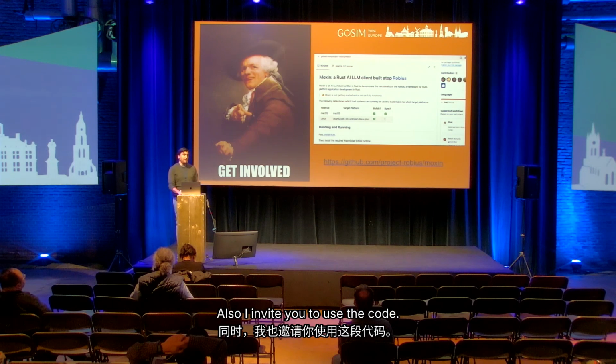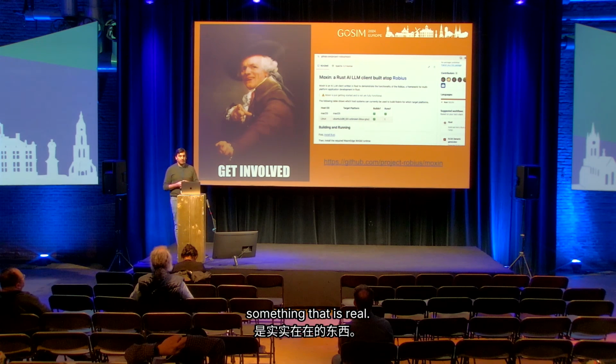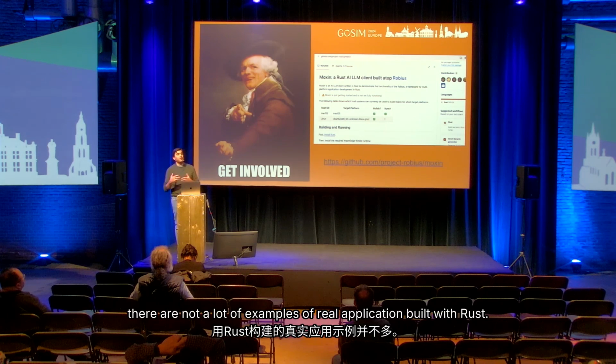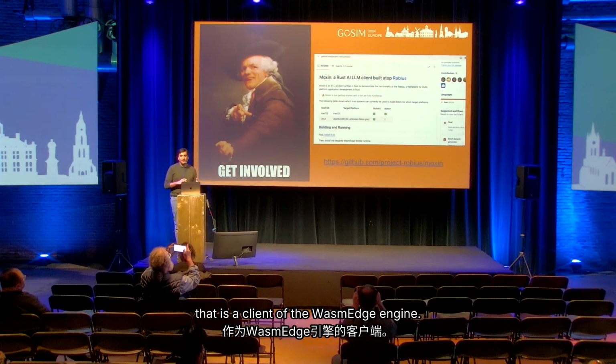Also, I invite you to use the code. It's a working example, real code, something that is real. As I already said, there are not a lot of examples of real applications built with Rust. It's also a good example of a Rust application that is a client of the Wasm LLM engine.